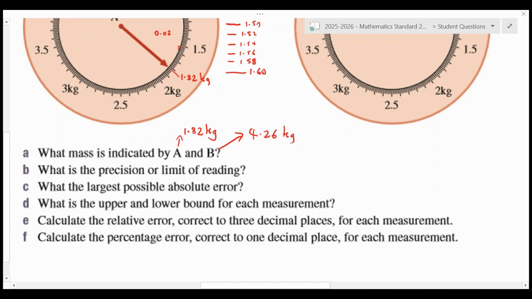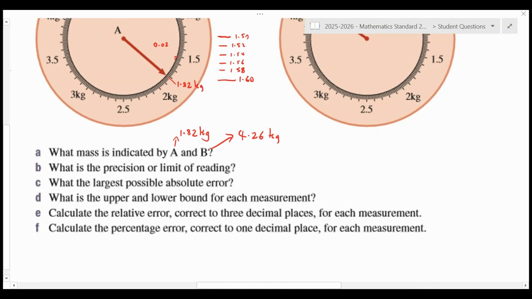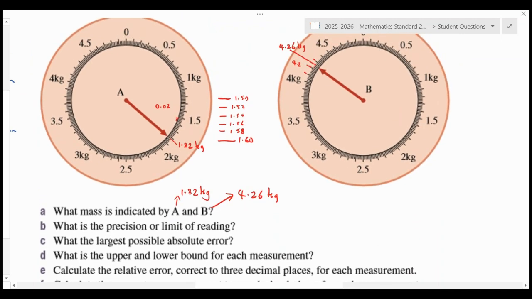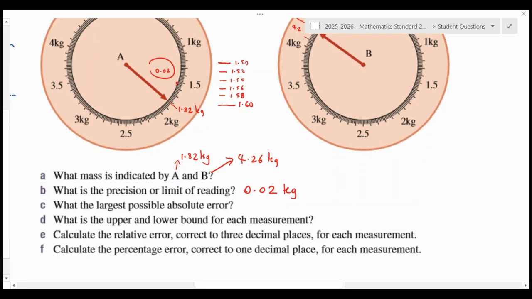Now, what we're looking for is the precision or the limit of reading, and that's what we actually just worked out there, that each one of these is 0.02 of a kilogram. So that is our precision or limit of reading. We can only get to that accurate. So 0.02 kilograms. So we had to work out what increment each one of those little lines was. All right, so the largest possible error is plus or minus half of that.